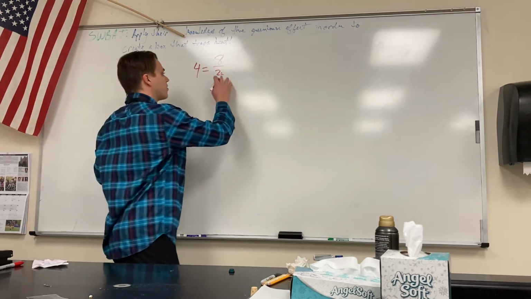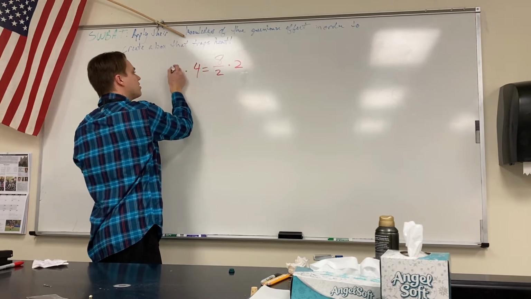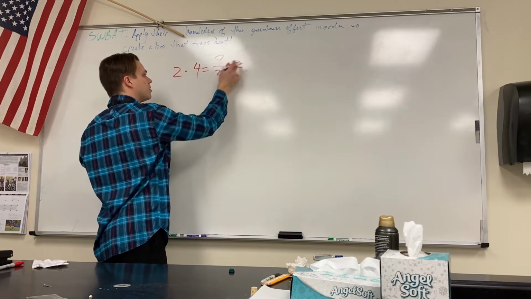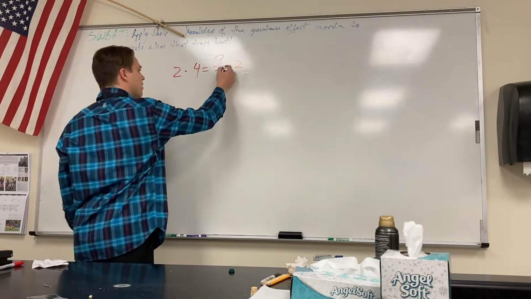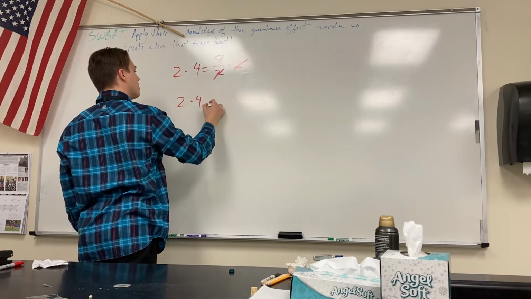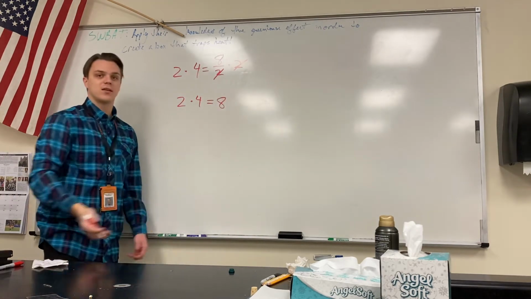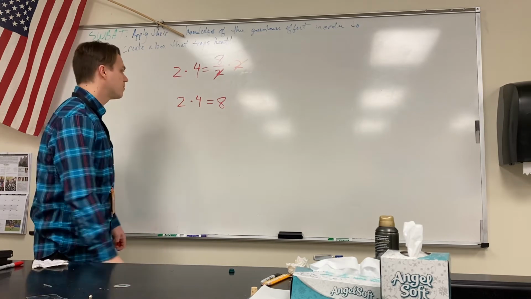If we want the 2 to be set alone, we actually need to move the 2 to both sides. Just like how we divided by 2, we need to do the same steps as we did before. And now again, we cancel the 2 out. So now we have 2 times 4 equals 8. That makes sense. 2 multiplied by 4 equals 8. Just think about it. It's logical.